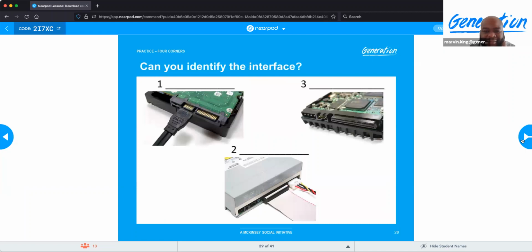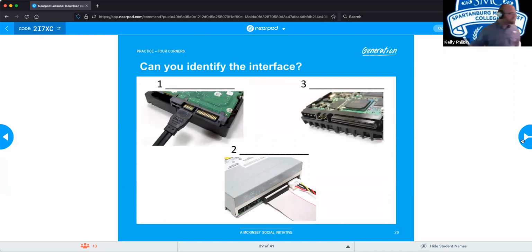Now we get to our connectors. So go ahead and grab some here. Kaylin, what is number 1, please? What kind of connection is that?